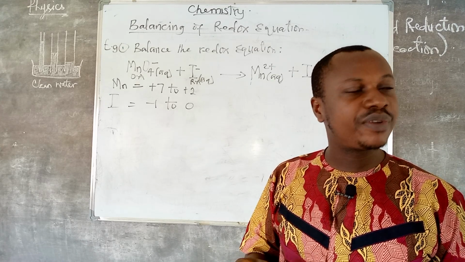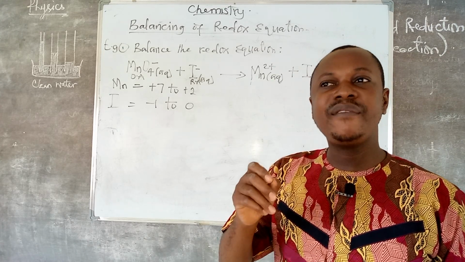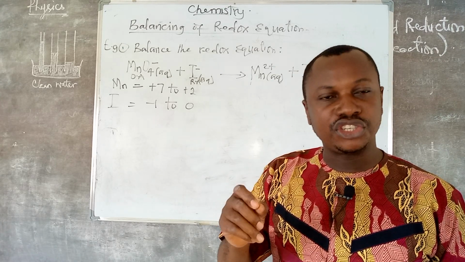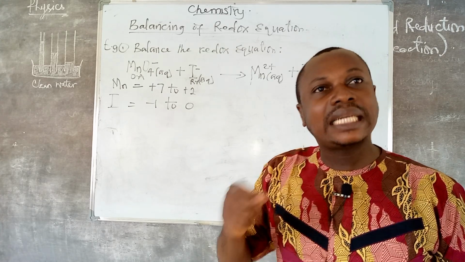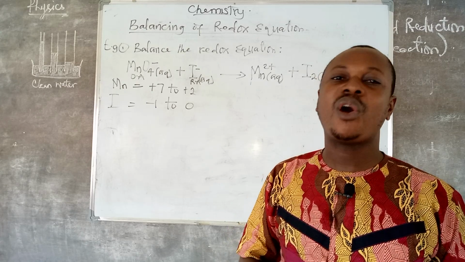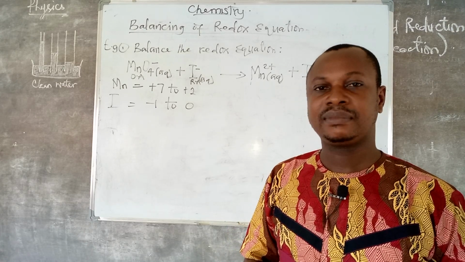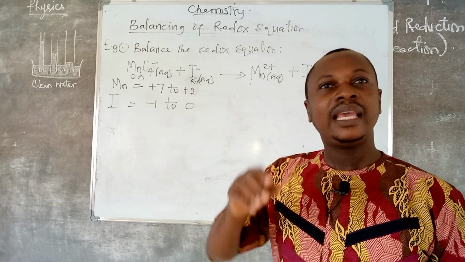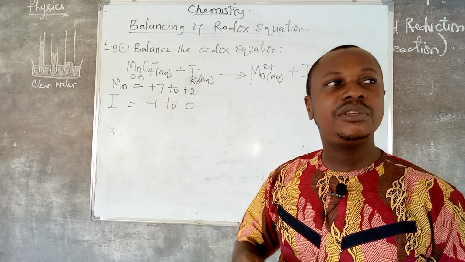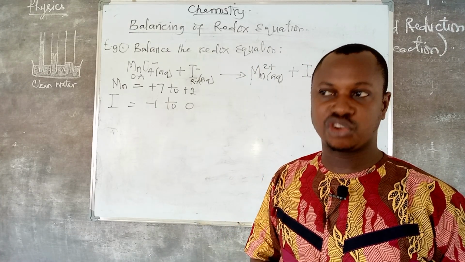And I told you previously that every element or species that has its oxidation number decreasing is the oxidizing agent, while the species that has its oxidation number increasing is the reducing agent. Don't forget the implication.